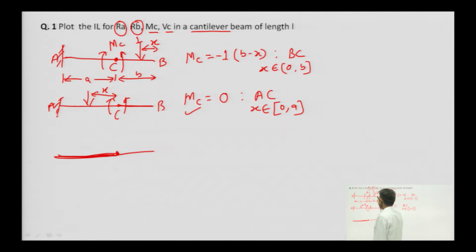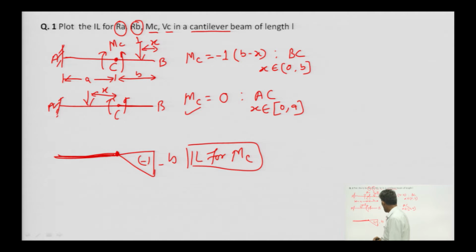When unit load is at point B, then value of x is 0, so we will get the value of MC as minus B. And when unit load is at point C, then value of x will be B, so by putting x equal to B, we will get MC equal to 0. The variation is linear. So, this will be the plot, the IL for MC.